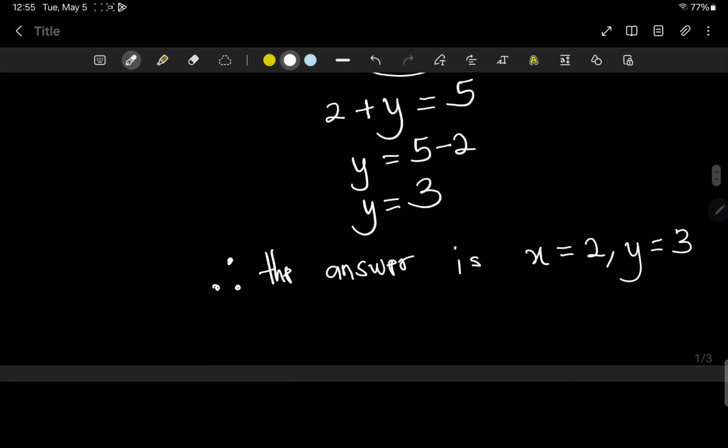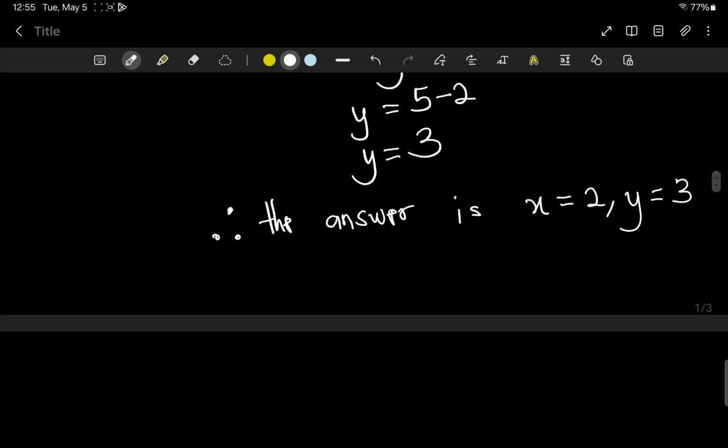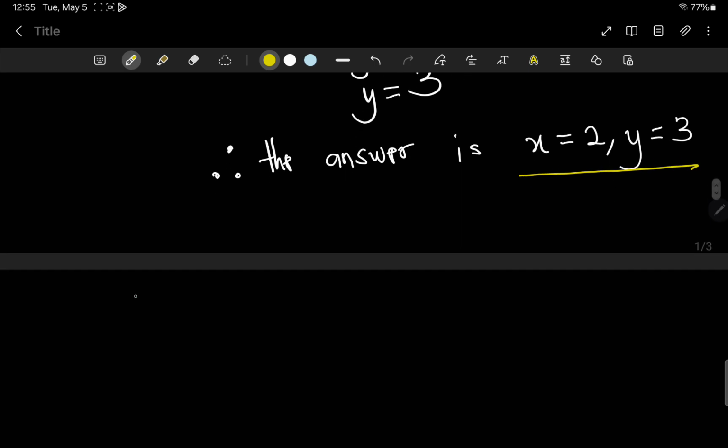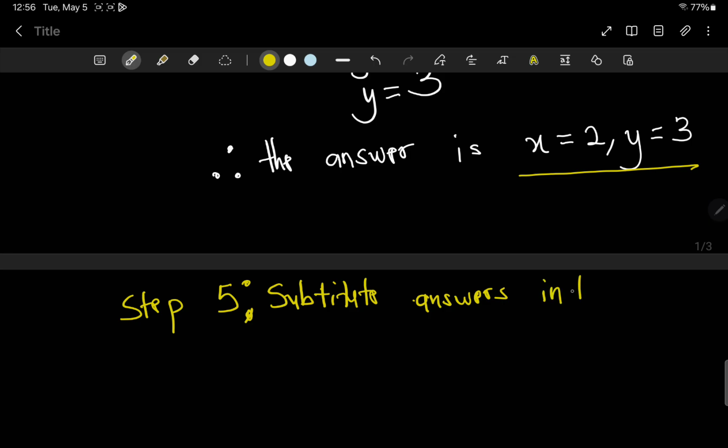Okay, now you are not done yet. You have to make sure that the answer is correct, right? So what you do is that you substitute these values, the x is equal to 2 and the y is equal to 3, into equation 1. So step 5, substitute answers into equation 1.